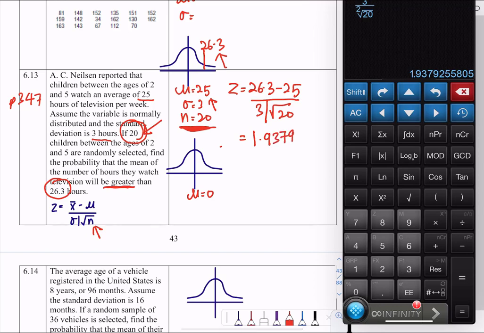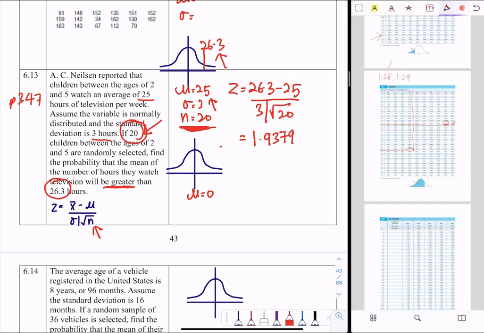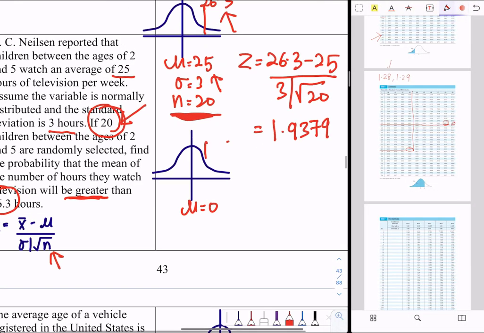That's the Z score. Now what you do, you put 1.9379 here.